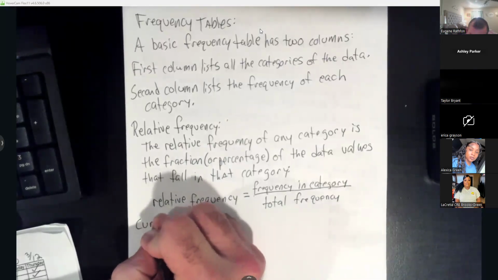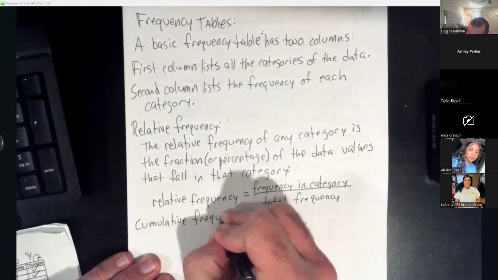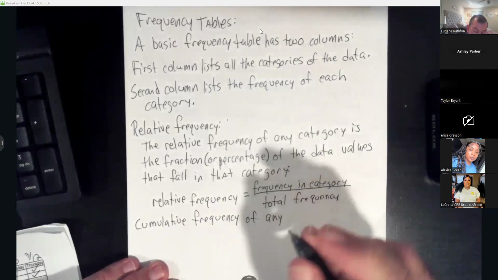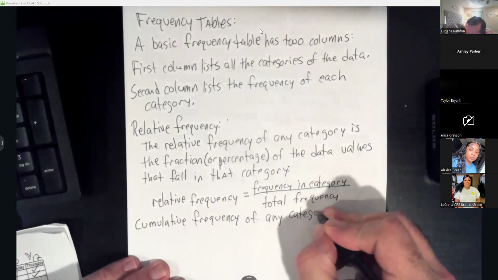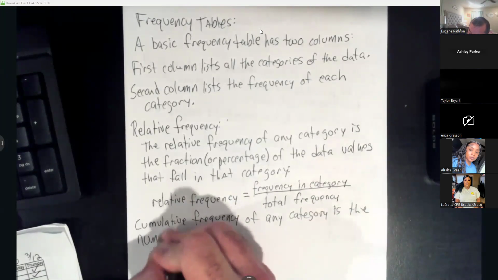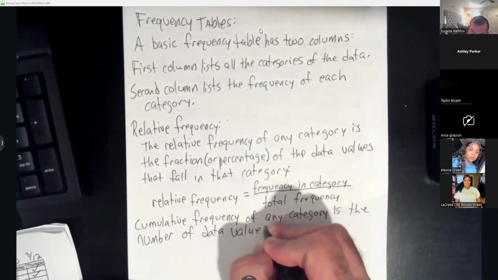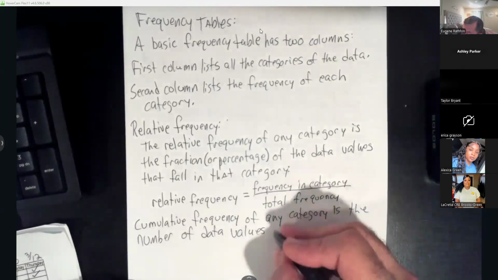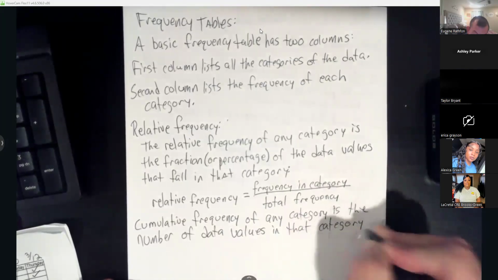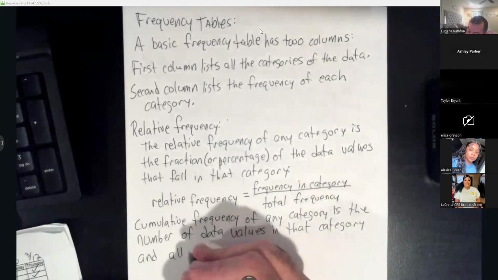And then y'all finally, a cumulative frequency of any category is the number of data values in that category and all preceding categories.